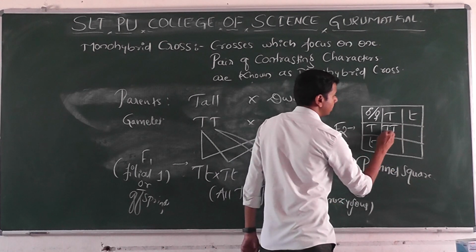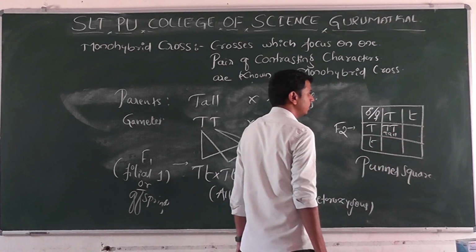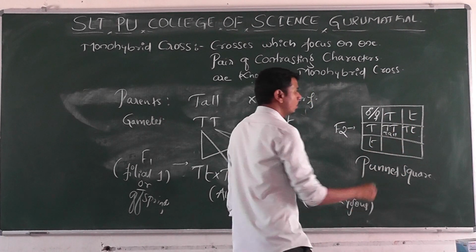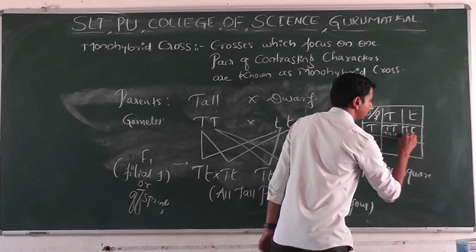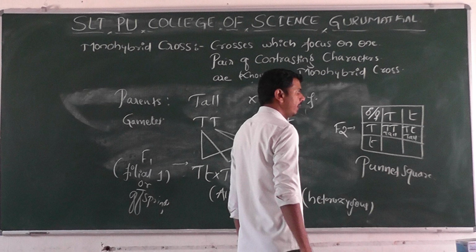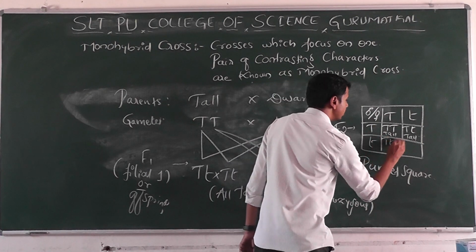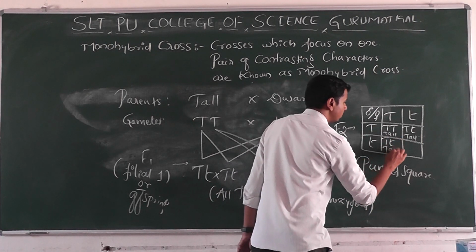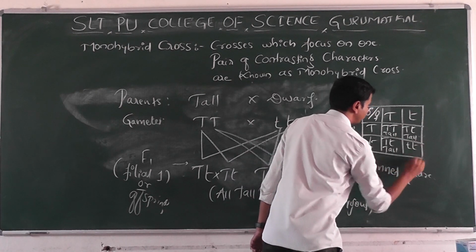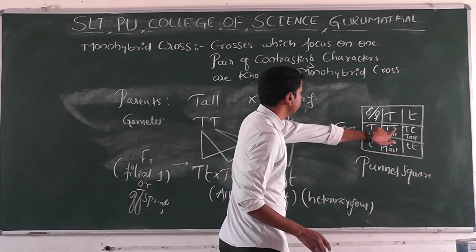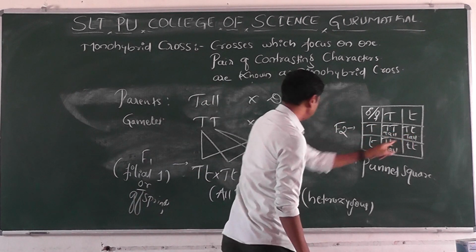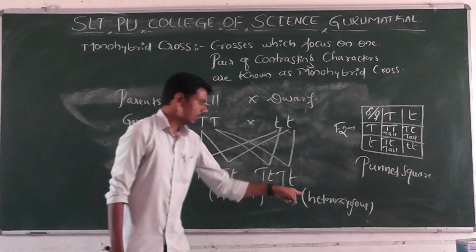When we cross the capital T, it means it is a tall plant. Then capital T, small t means it is a tall plant, heterozygous tall. Then capital T, small t is also a tall plant.